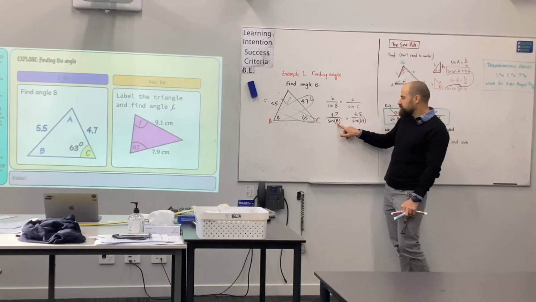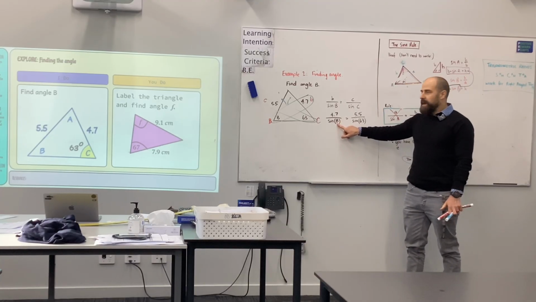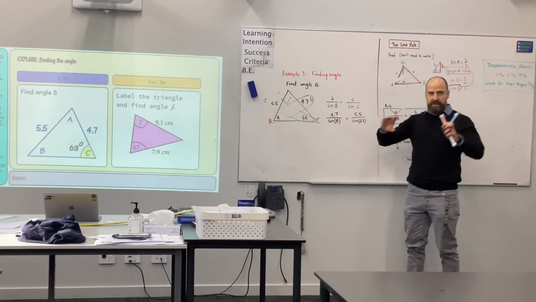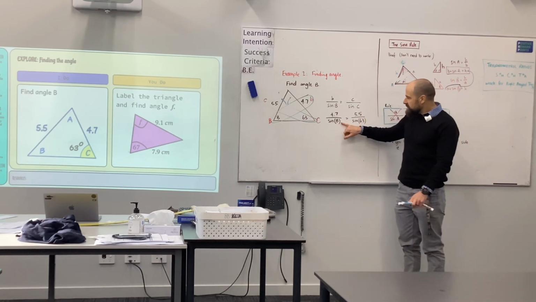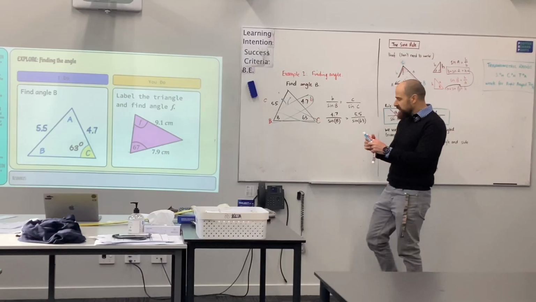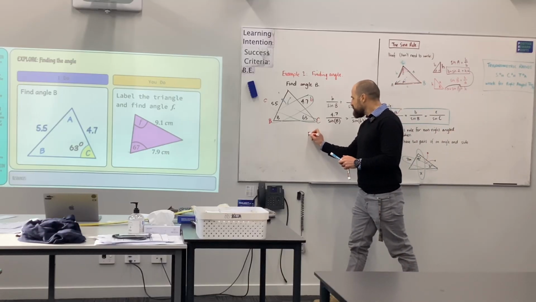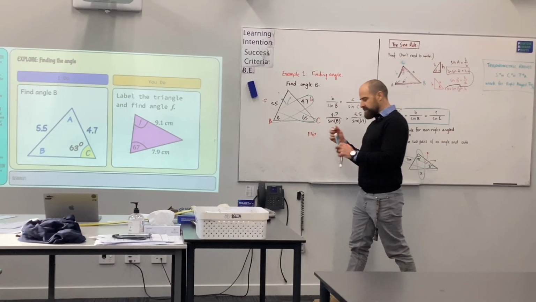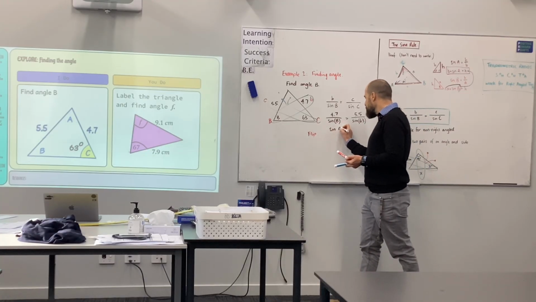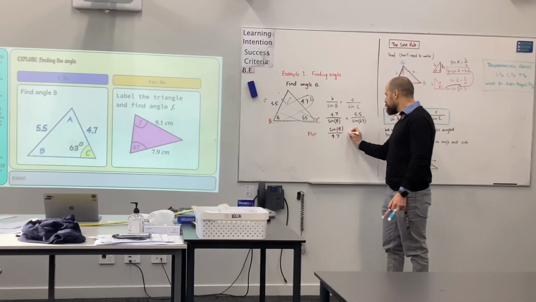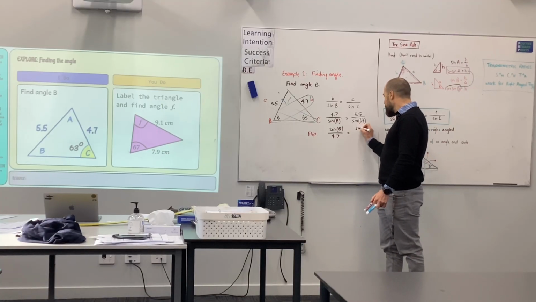When I solve these problems, like in the first example, it was really easy when I could just multiply. So my first trick here is I'm going to just flip both my fractions. I'm going to write this as sine B over 4.7 equals sine 63 over 5.5.